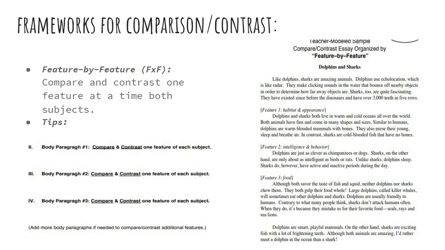So the first body paragraph, you can compare and contrast diction, how the diction creates a tone, right? Then the second body paragraph, you could talk about how the diction helps to show just the purpose. In the third body paragraph, you could compare and contrast their use of language.